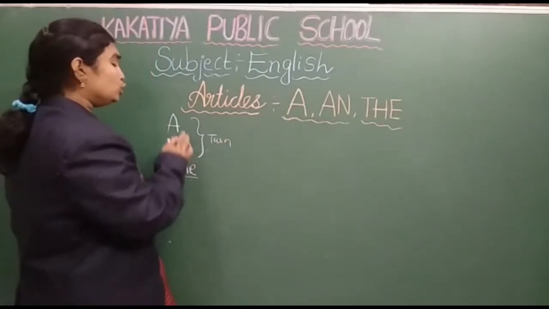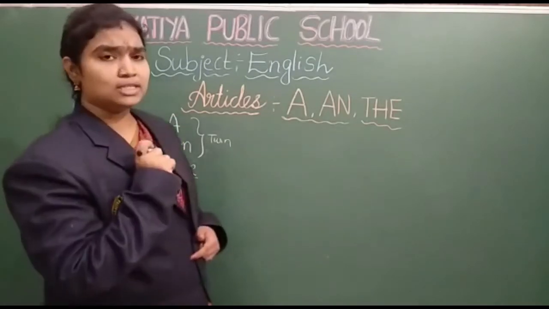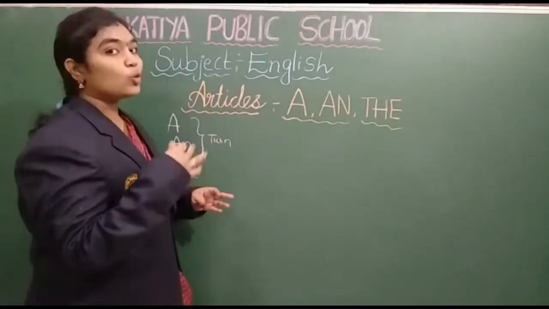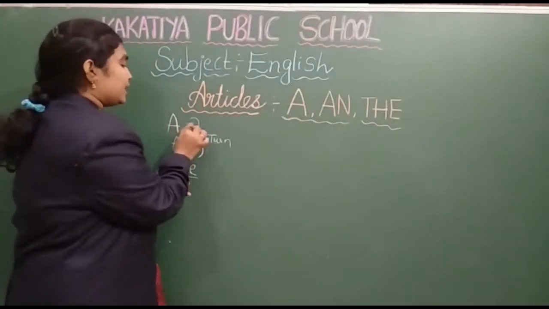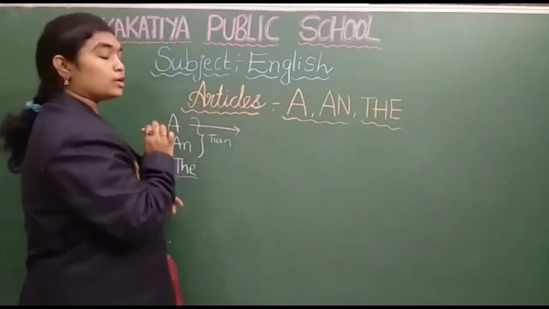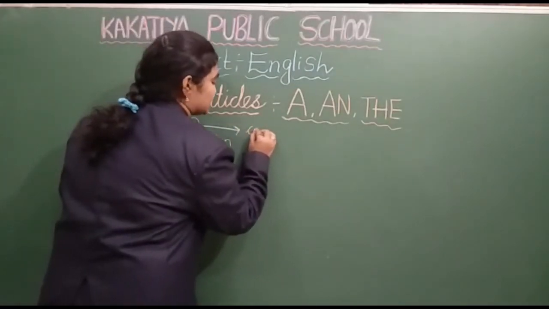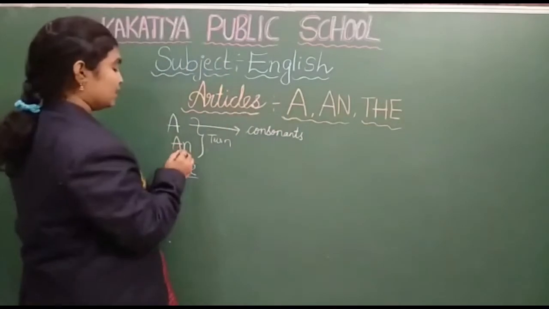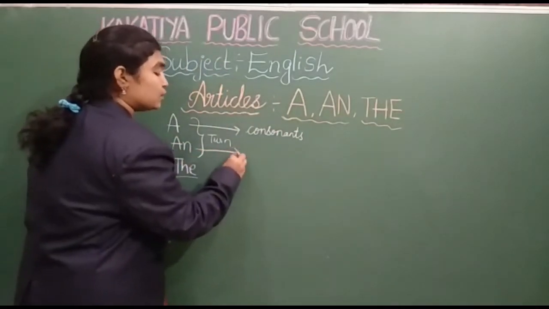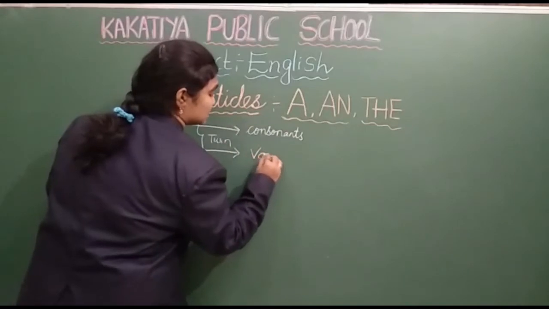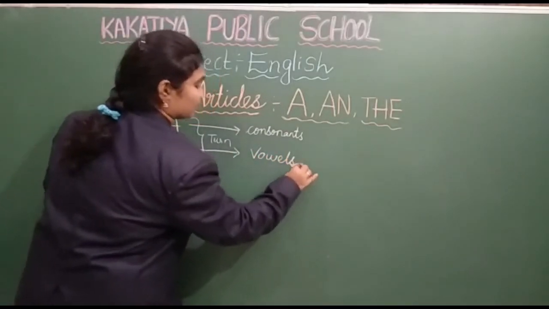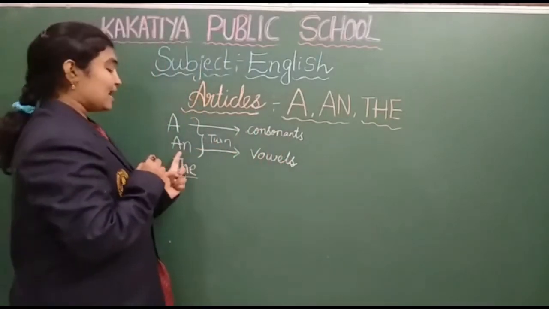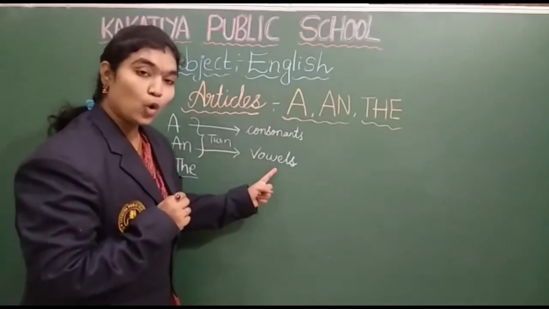Though A and An are twin brothers, they look the same, but their habits are quite different. A used to do the work of only consonants, and An used to do the work of only vowels.